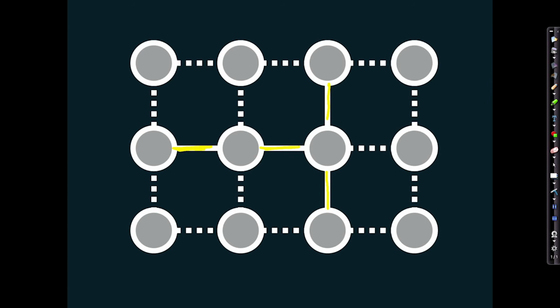So let's say again that 2 of these columns are activated. Well, what does that mean, they're activated? Well, they're firing action potentials. They're sending action potentials here.